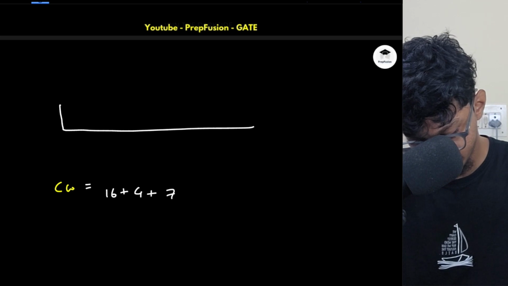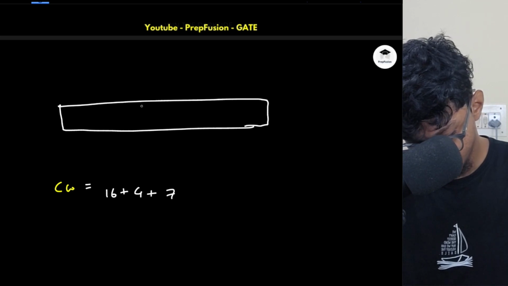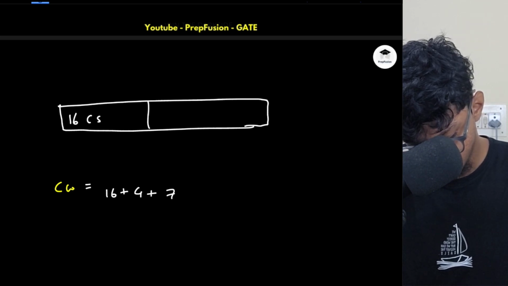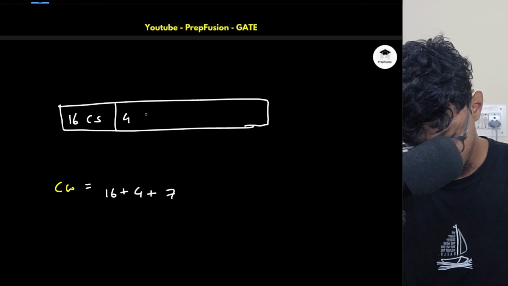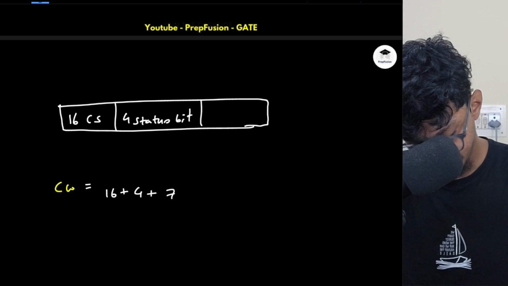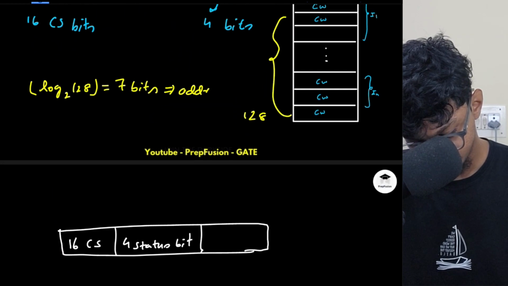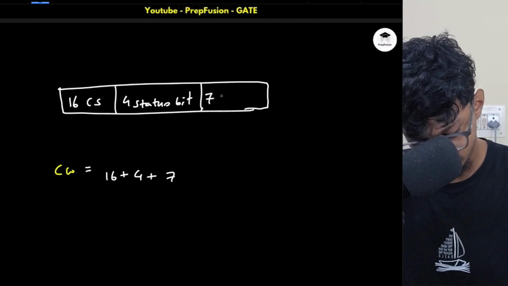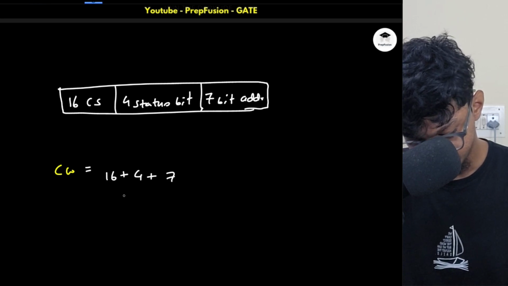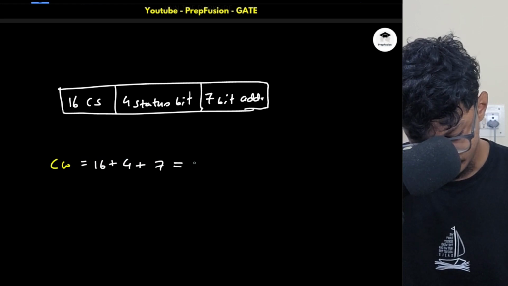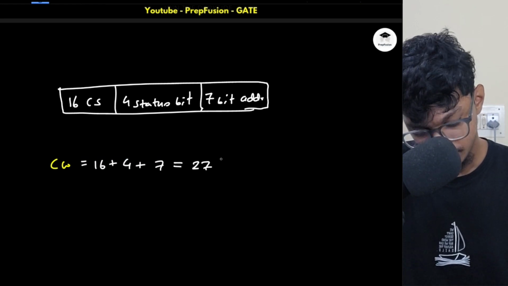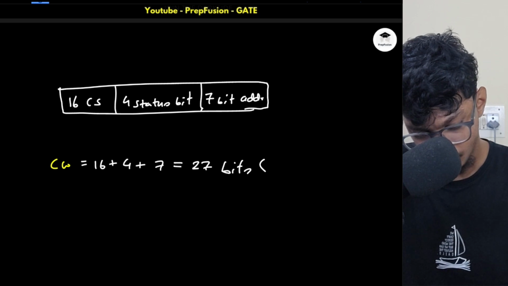I will have 16 control signals, then I will have 4 status bits, then I will have a 7-bit address. So this will be total 27.